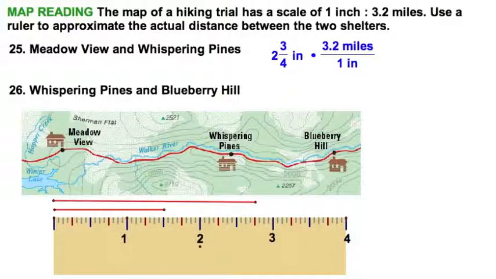I've got 2 3/4 inches times 3.2 miles per inch. Notice that's different than the way I listed the scale here as 1 inch to 3.2. I arranged it this way on purpose because I've got inches times miles per inch. My good old friend dimensional analysis comes through. I divide out the inches, I'm left with miles. So I know I'm doing it the right way.